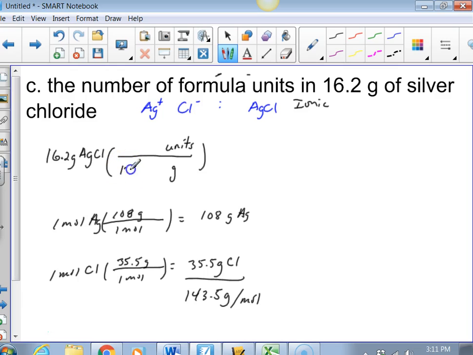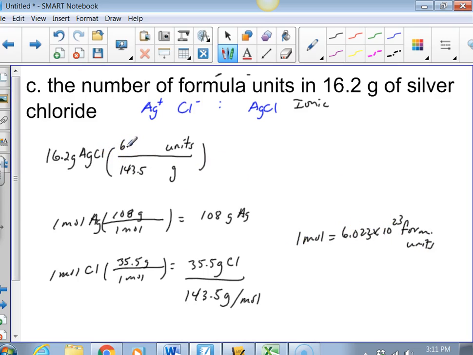So we have 143.5 grams, and we also know that 1 mole equals 6.022 times 10 to the 23rd formula units. 1 mole is that many particles.